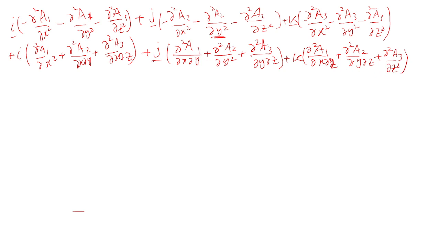So you see what we did in the previous slide, this term was absent, so we subtracted and added. Here this term was absent, we subtracted and added, and here this term was absent, so we subtracted and added.